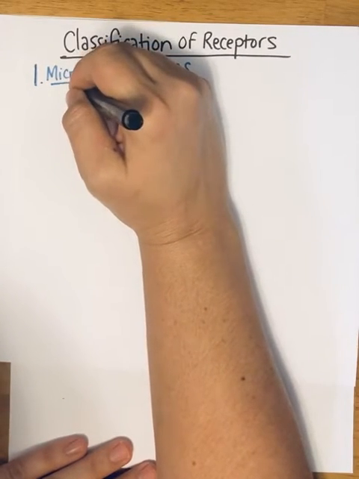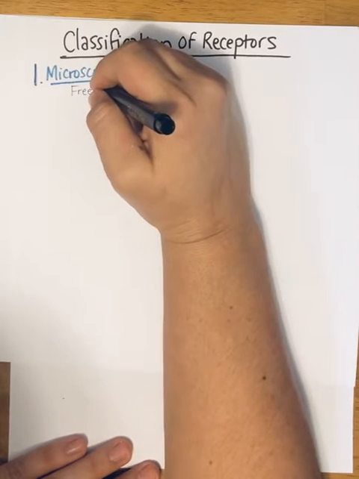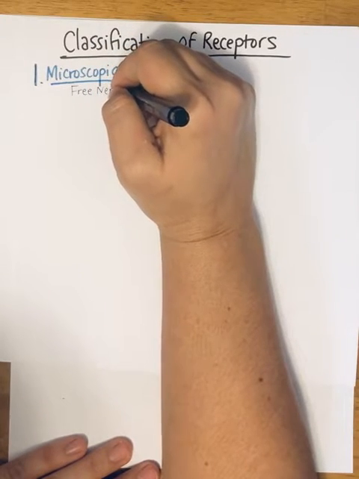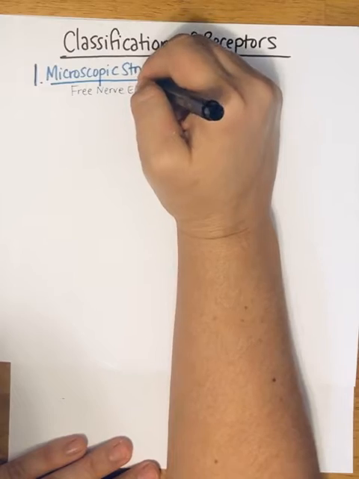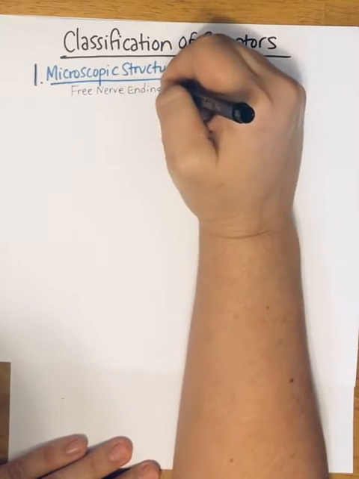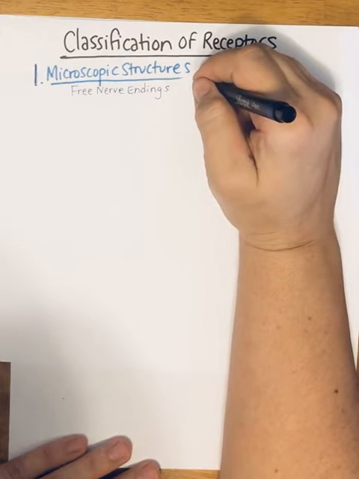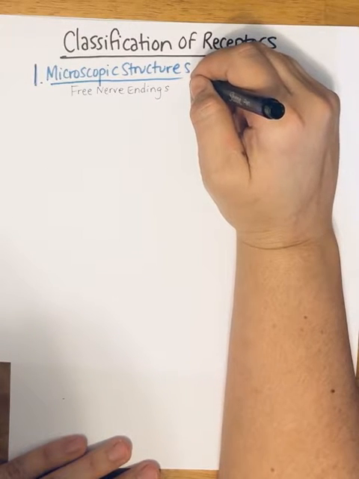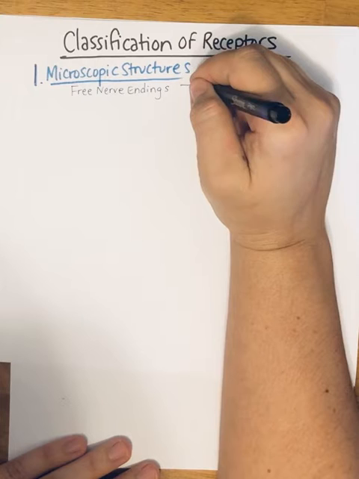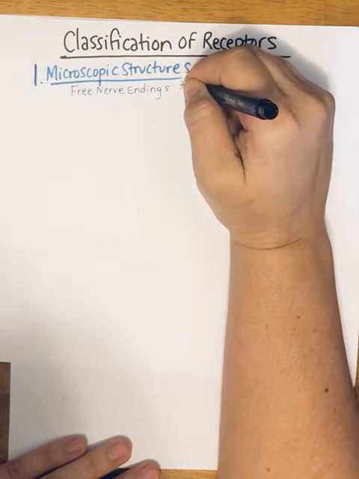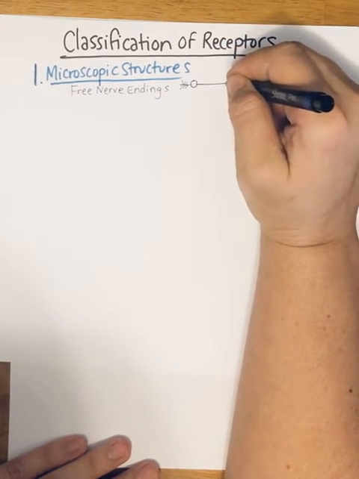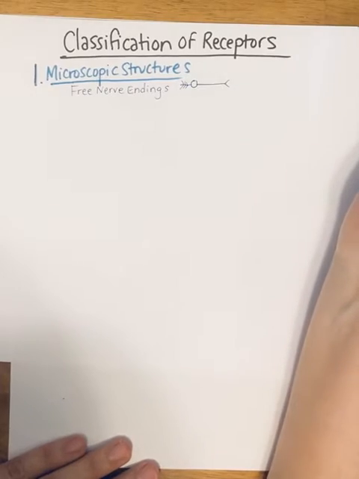Free nerve endings are just going to be plain old neurons. Nothing fancy with that. So, free nerve endings. Basically, you're going to have a neuron with dendrites and an axon. That's a free nerve ending.